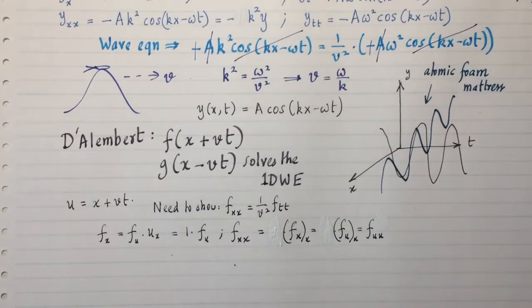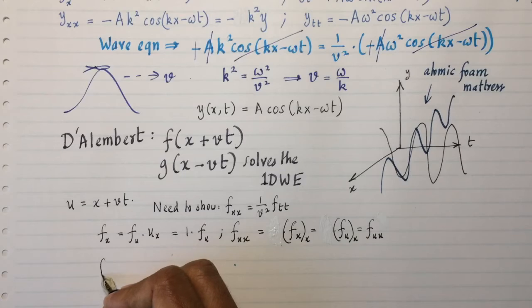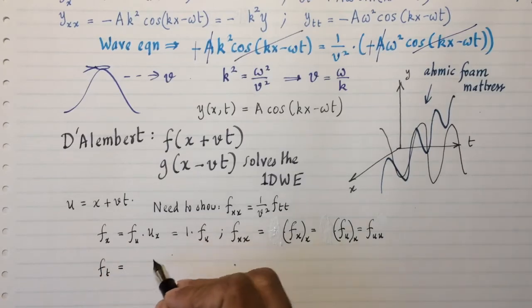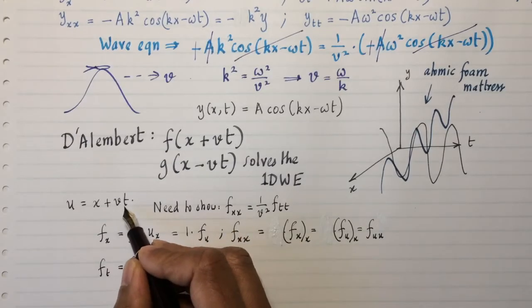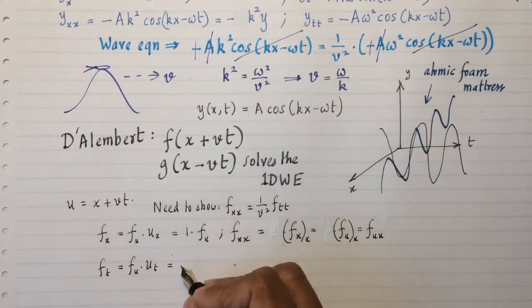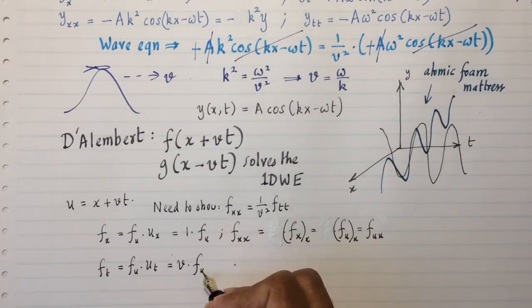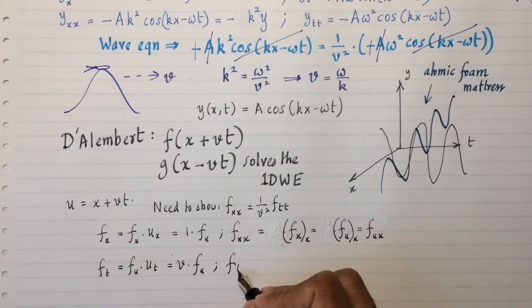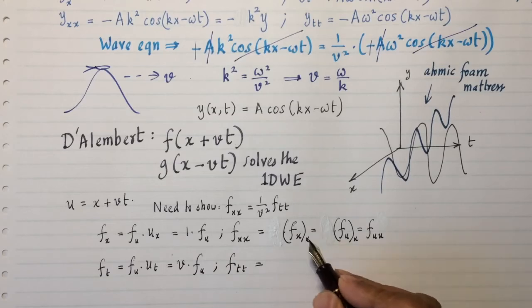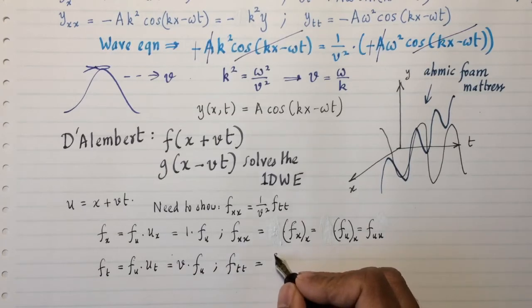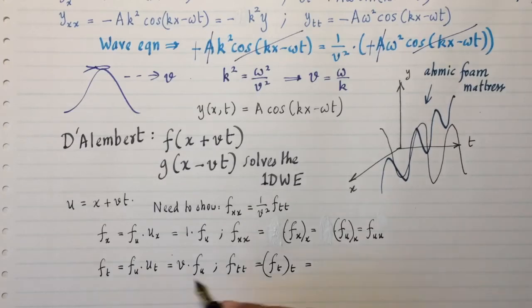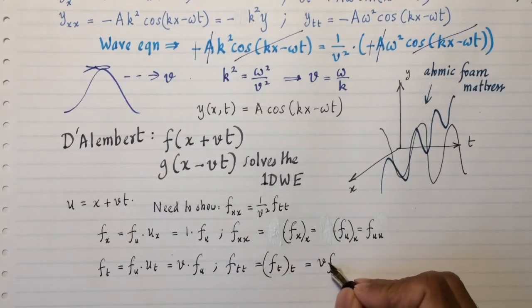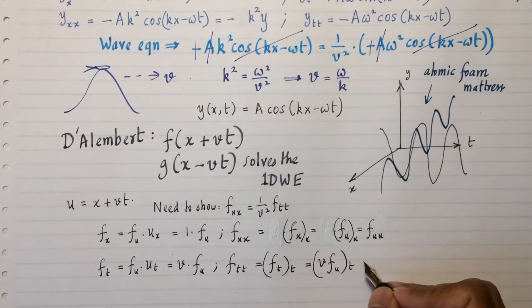Okay, now let's do the other one. f_t. Each time you do t, I'm going to get f sub u u_t. But here, the derivative of u with respect to t is v. So I get v times f_u. Now if I do f_tt, this is where it'll really help to write it like that. It's going to be the t of f_t. f_t itself is v f sub u, the t thereof.